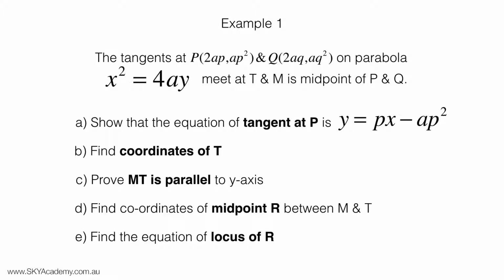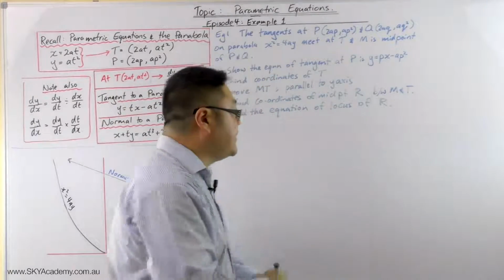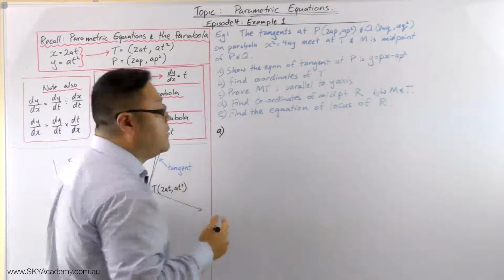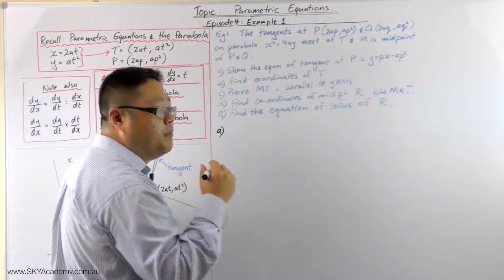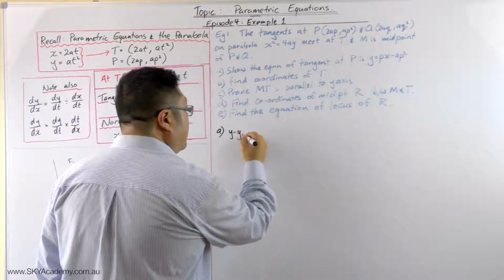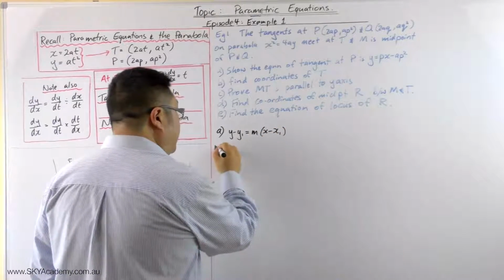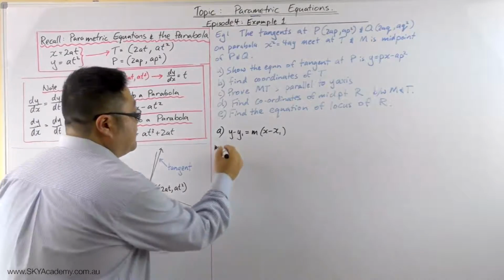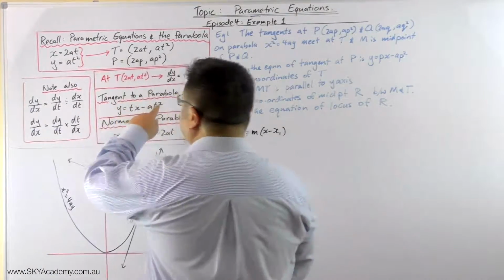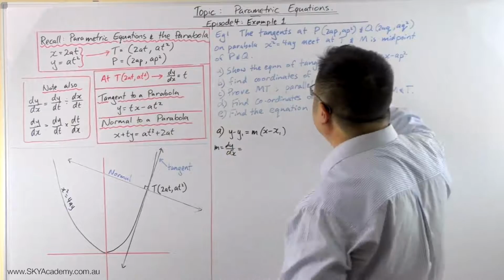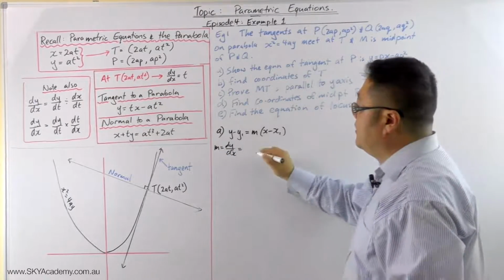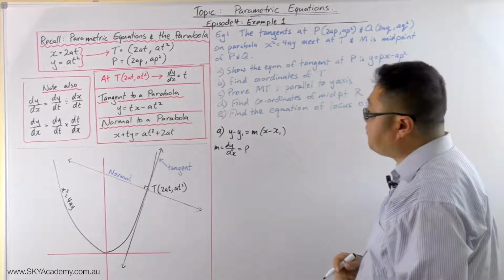Part 1 says, show that the equation of the tangent at P is as given. Well, we did that in the last episode, but let me quickly run through it with you. We're using the point-gradient form, y minus y1 equals m times (x minus x1). And m, which is dy/dx, the first derivative, is going to be equal to t, well, in this case p.